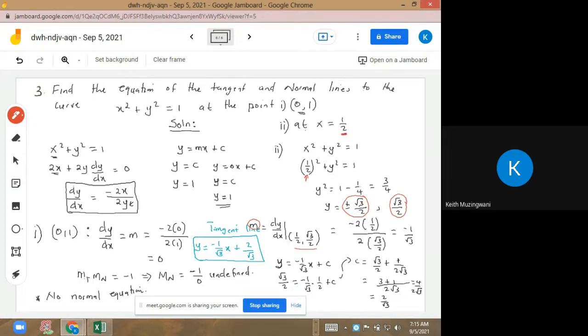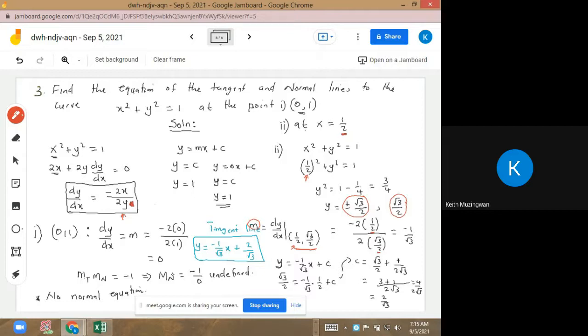To get the gradient, we substitute this full point in the first derivative, and the first derivative is here. This is the first derivative, negative 2x over 2y. Where there is x, you substitute half, which is here. Where there is y, you substitute root 3 over 2, which is here.